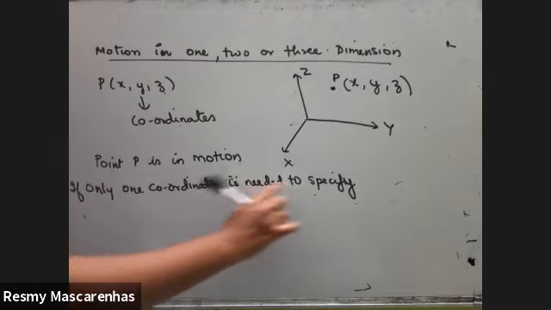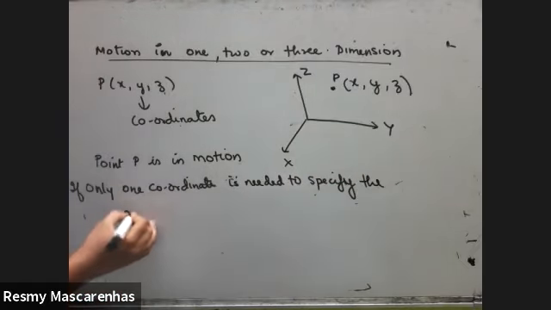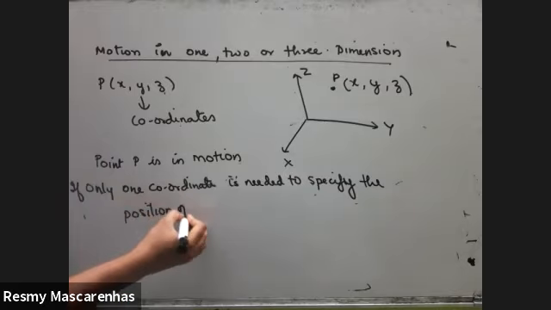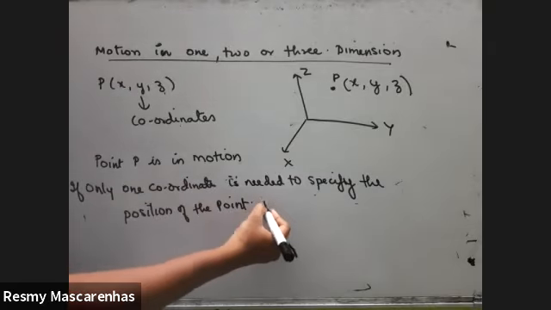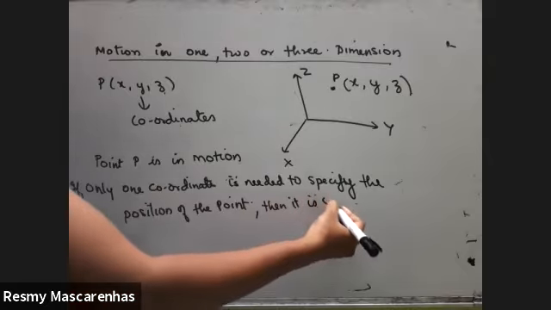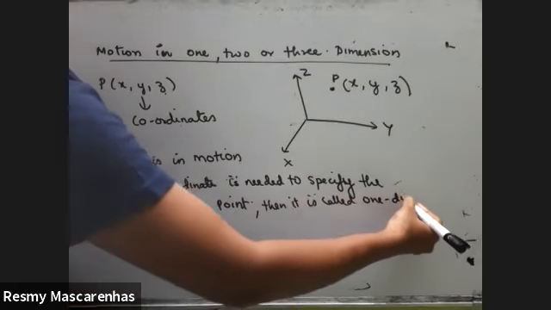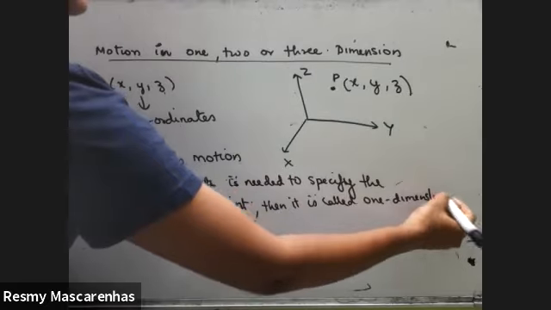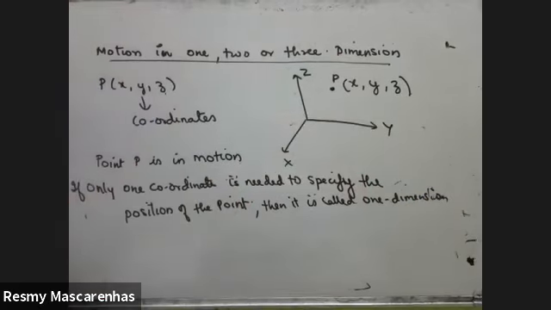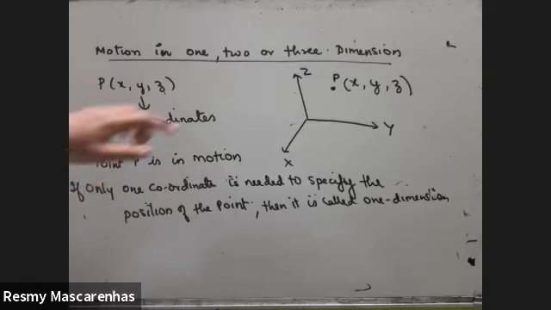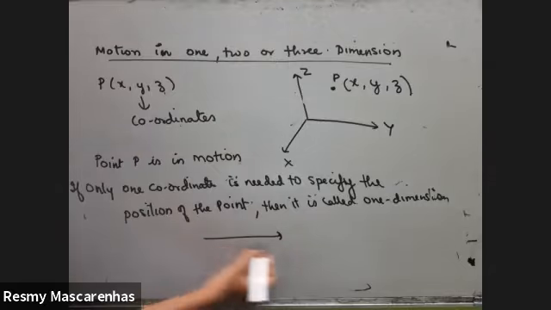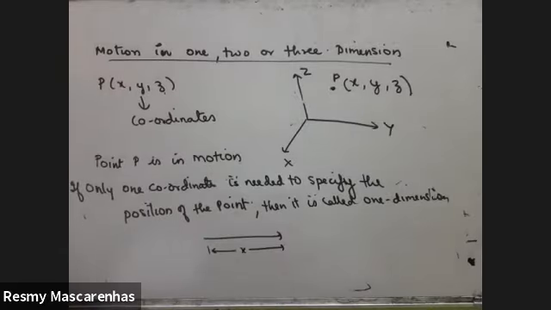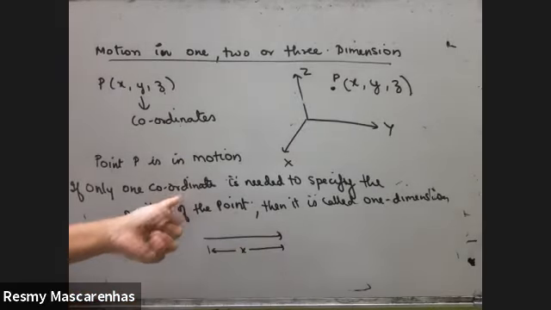If only one coordinate is needed to specify the position of the point, then it is called one dimension. It means if only x is enough, in one direction, only my x coordinate is enough, the distance x it has traveled, then it is one dimension.